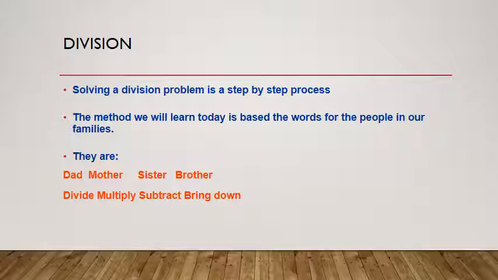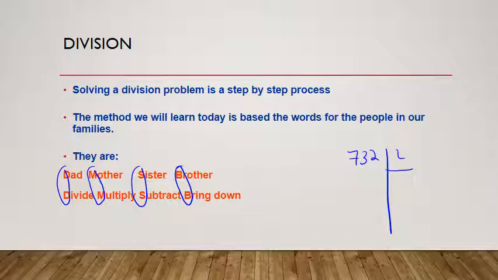Now we are going to revise the division steps. Okay? Solving a division is a step-by-step process. I told you to always remember that mother, sister, brother, they indicate D is for divide, M, multiply, S, subtract, and B, bring down. I'm going to take an example. Suppose I have 732 divided by 4.